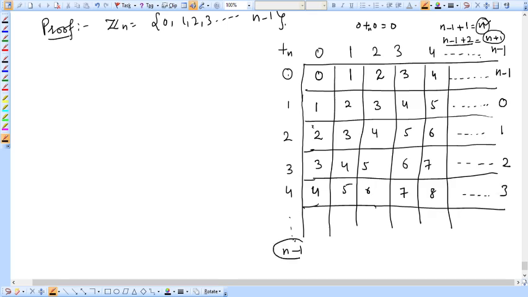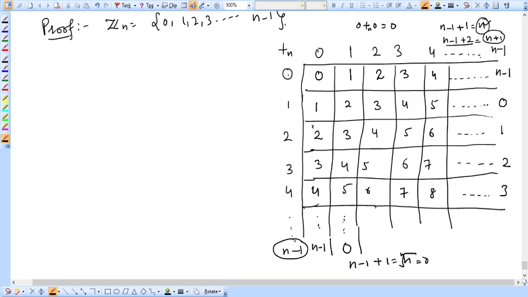Now let us work on this. So when n minus 1 is added with 0, you will get n minus 1 again, right? And when n minus 1 is added to 1, we get n, and n divided by n, remainder is 0, so 0 is the entry here.